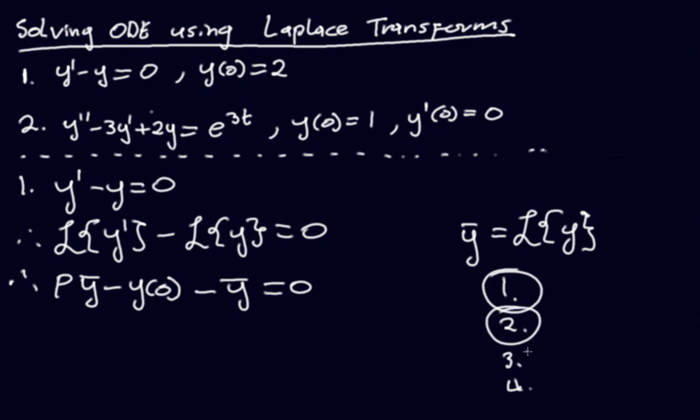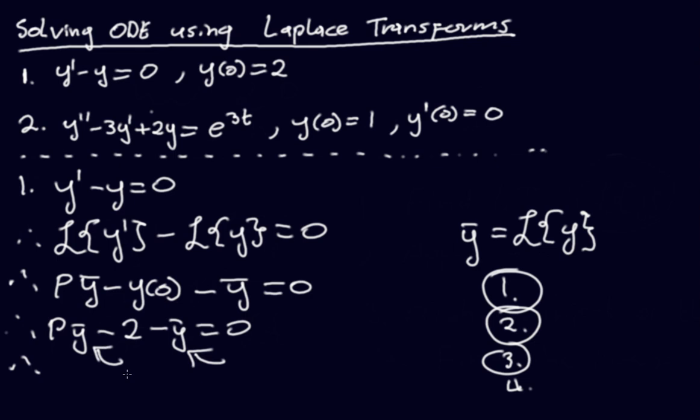Step number 2, if you recall, says apply the initial condition. So let's go ahead and do that. P y bar minus y naught, which is 2 according to the conditions given, equal to 0. Step number 3, we said to make this Laplace of y, which is this y bar, the subject of the equation.